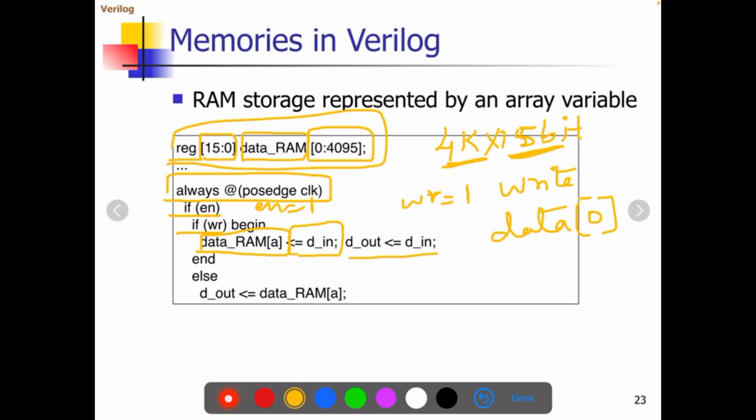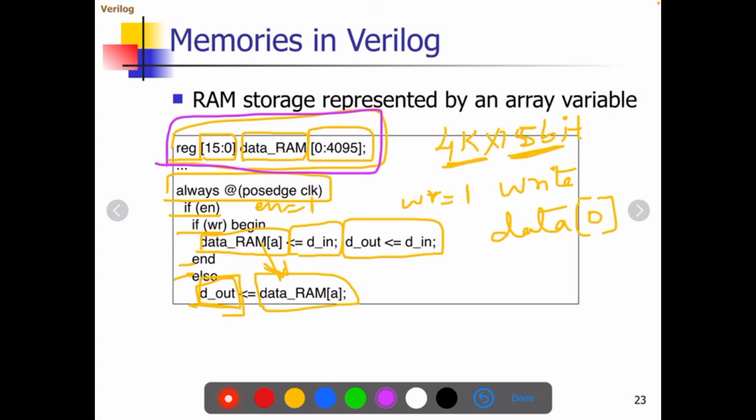So Dout is the same as Din. End the if and end the behavioral block. Otherwise, data output is equal to dataRAM of A: whatever data is stored in the memory at that location will be taken as output.